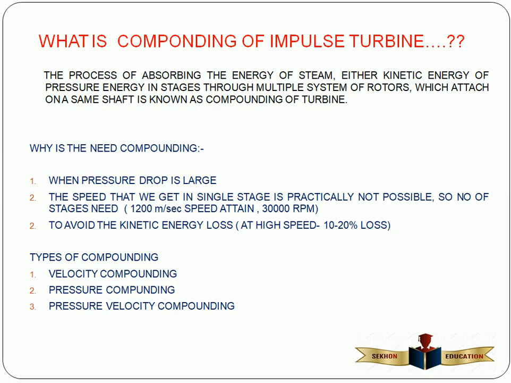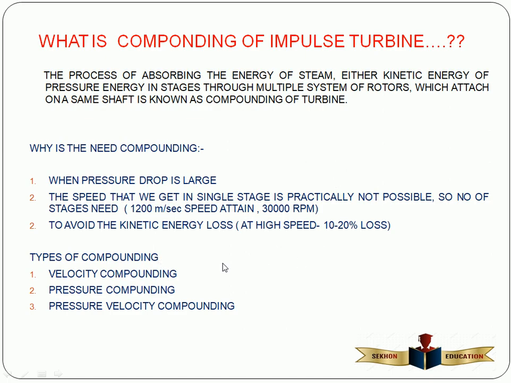As I mentioned in the previous lecture, for either an impulse or reaction turbine, the outlet velocity corresponds to the loss of kinetic energy. If the outlet velocity is more, the kinetic energy loss is more, which means the efficiency of the turbine is less. Therefore, to avoid the kinetic energy loss, compounding is a better way. So these are the three reasons why we need compounding.